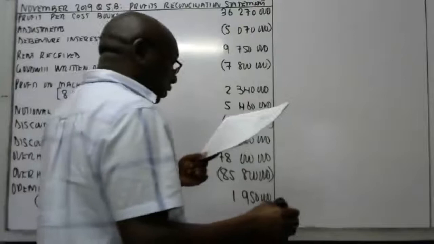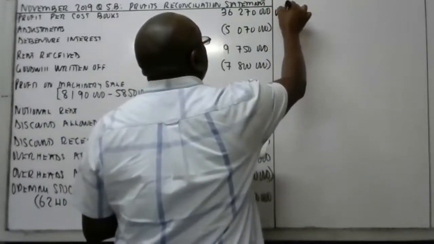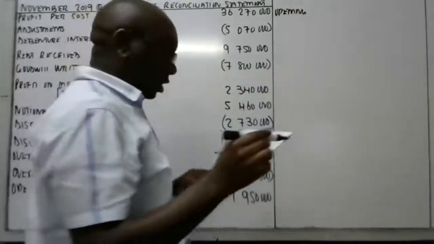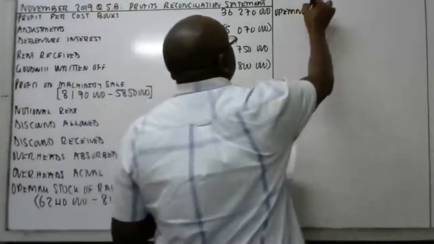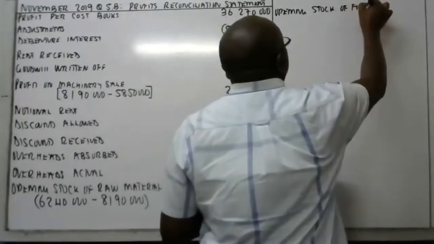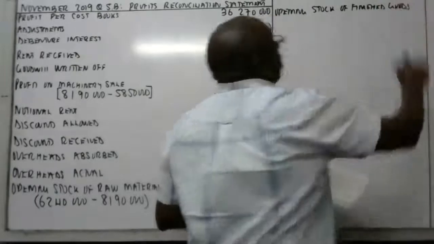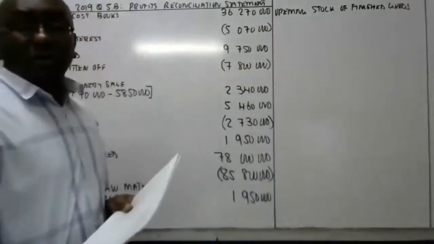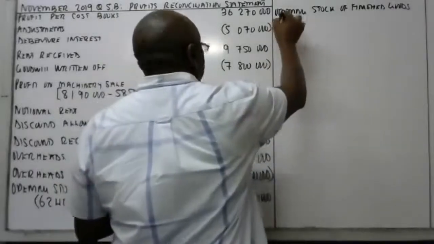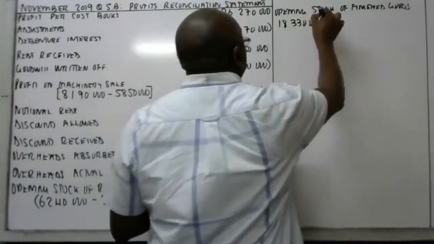Then we proceed to opening stock of finished goods. Again, we do the same thing. We have 18,330,000.